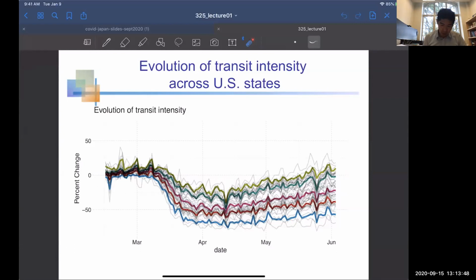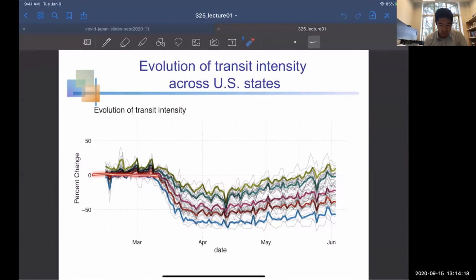Okay, so essentially they have GPS data about how frequently and how long each individual spends time at the transit, like public transit, like a bus or trains. Okay, and then there's 51 states, so it depends on which state, how much of the reduction.